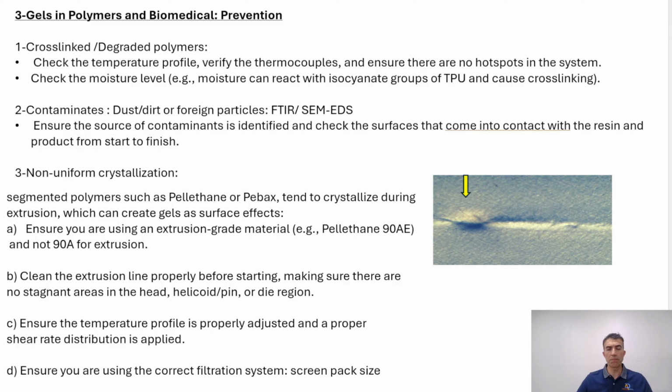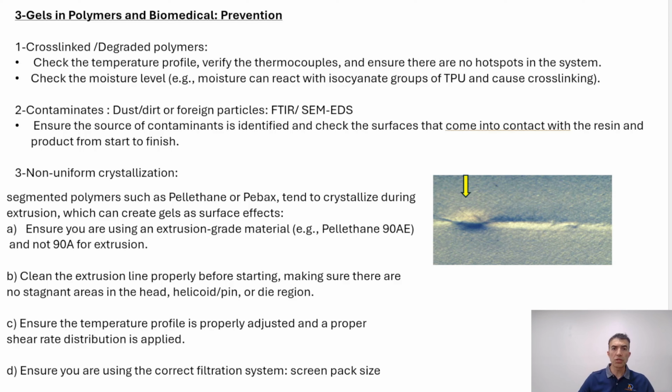For example, for PEBAX or polyurethane, we want more shear rate to heat the material and melt it than the heating elements, like the electrical elements that we have in the system. So more shear rate melting than electrical element, and that basically creates a more uniform and homogeneous melt around your circumference when you're extruding.